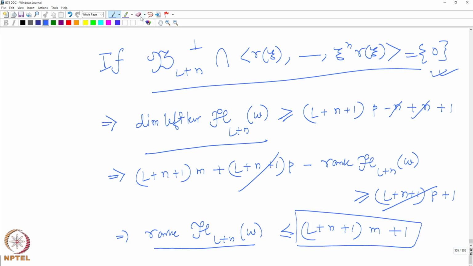Sorry, there is a minus sign here, I missed the minus sign, because this one is going to the other side. So it's m minus 1. Yes, right. So this number simultaneously is coming out to be bigger than or equal to this number and less than or equal to this number minus 1.